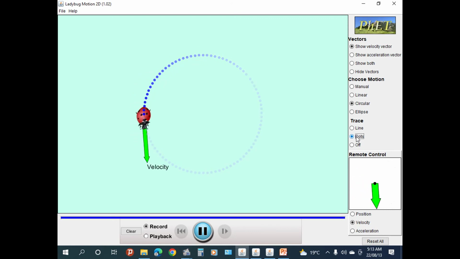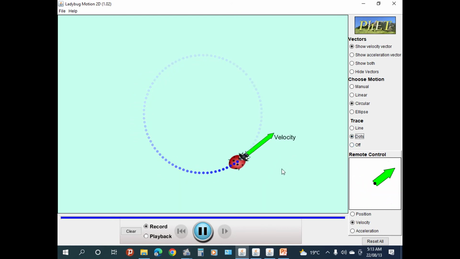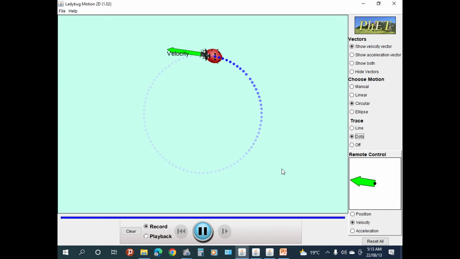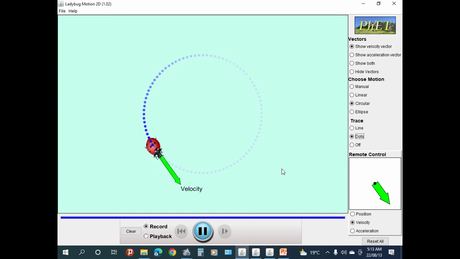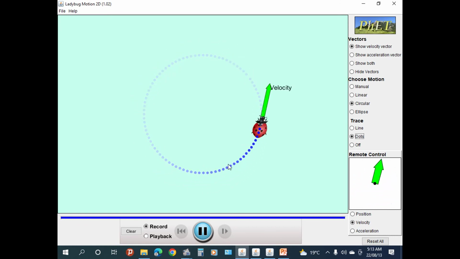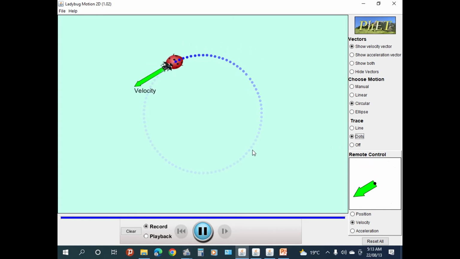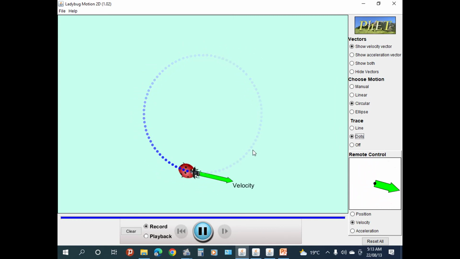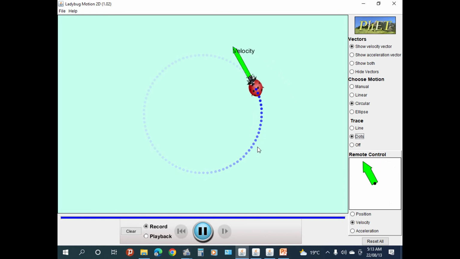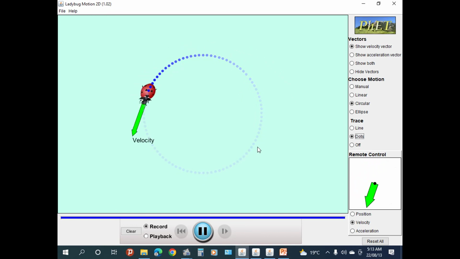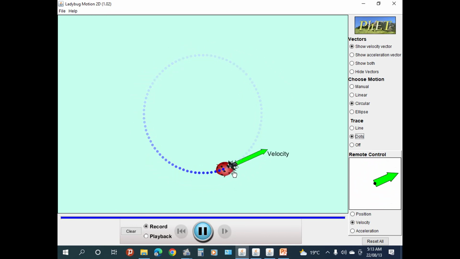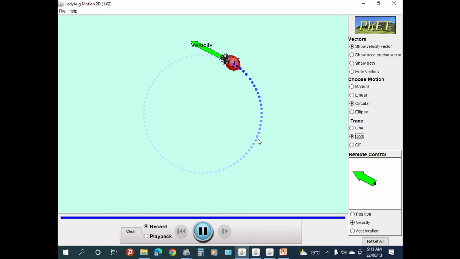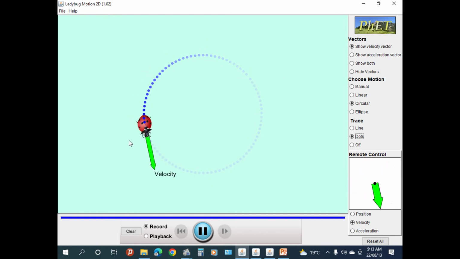So the ladybug revolves around the circle, and this is the velocity. The dotted line is the angular velocity line. Angular velocity is the rate of angle subtended, the angle subtended divided by t.